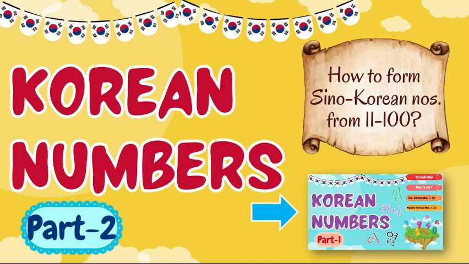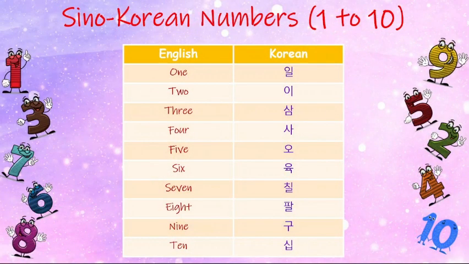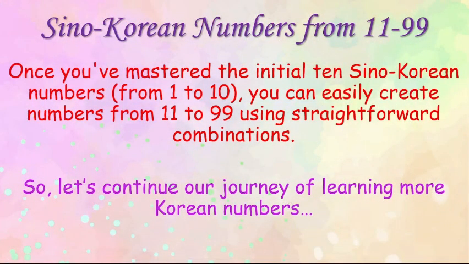So let's start. Okay, let's just quickly revise Sino Korean numbers from 1 to 10. 1, 2, 3, 4, 5, 6, 7, 8, 9, 10. So you should be familiar with these numbers. Now let's see how to count Sino Korean numbers from 11 to 99.